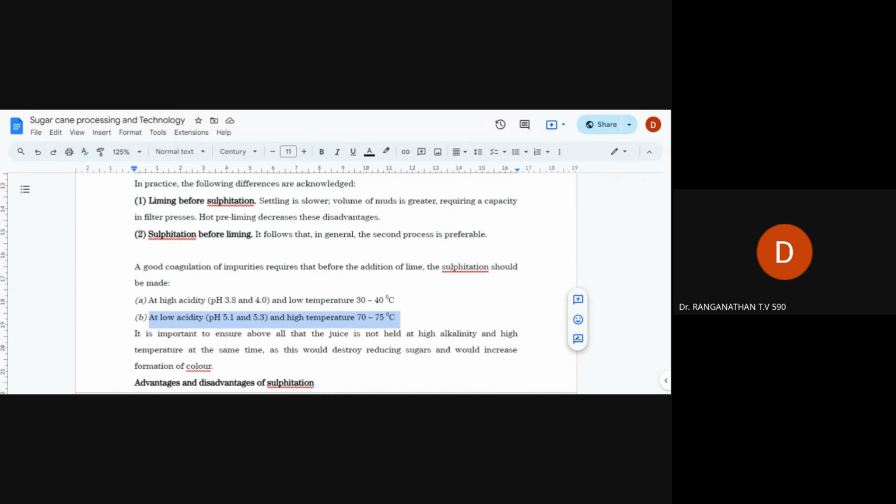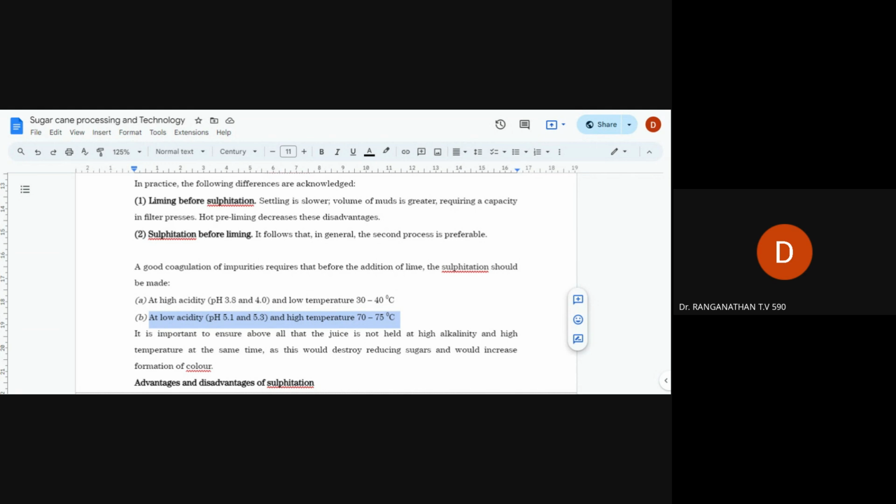Okay. So what you are doing in this clarification process is trying to remove the proteins and others. At the same time, a part of the sugar is also getting occluded.